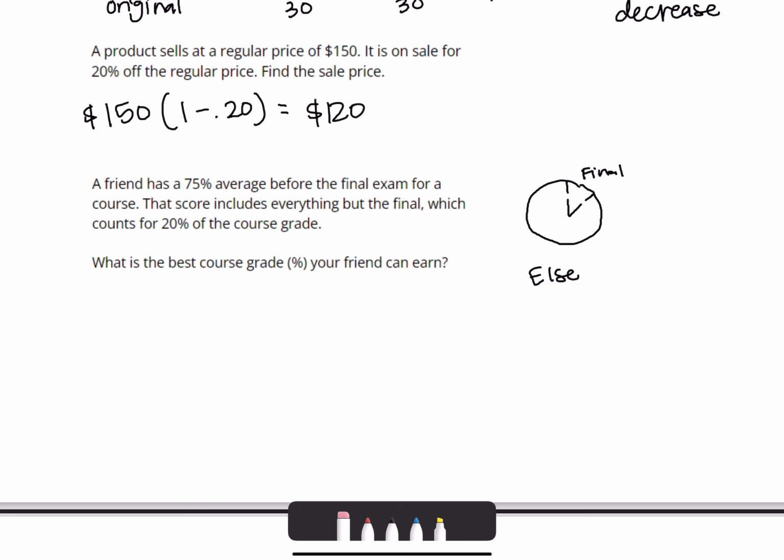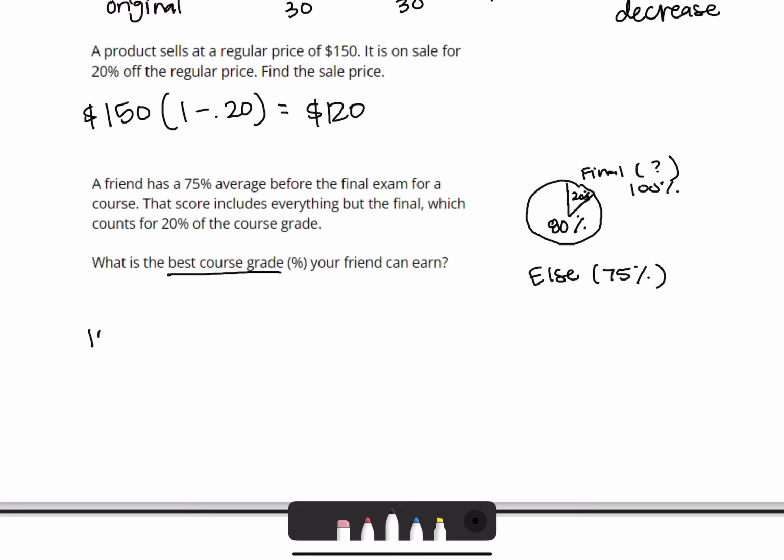I'm going to write it this way. So 20% here, 80% there. And in the everything else category, they have a 75%. And the final, we don't know. So what is the best grade your friend can earn? Well, the best grade they could earn on the final is 100%.